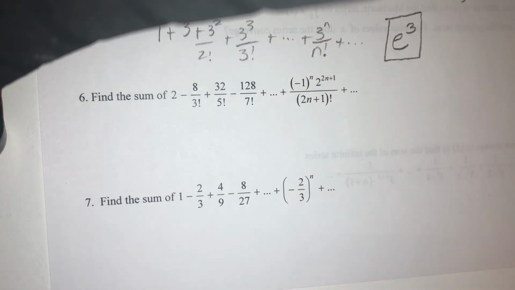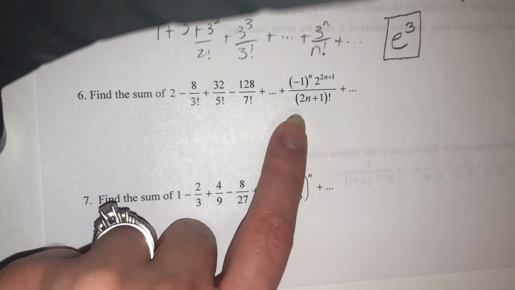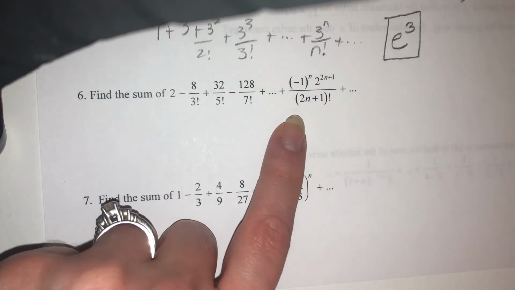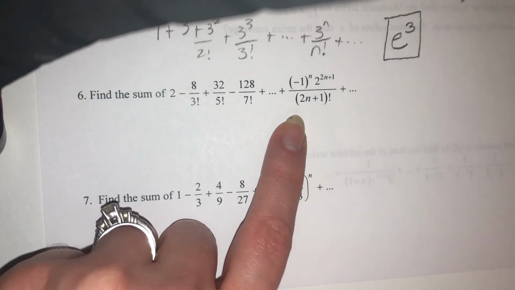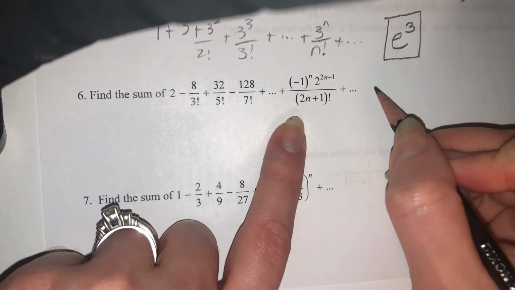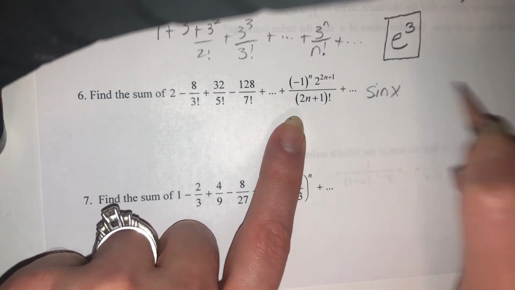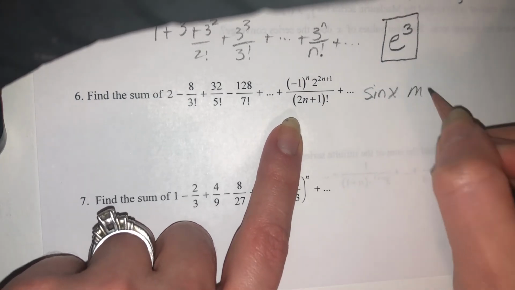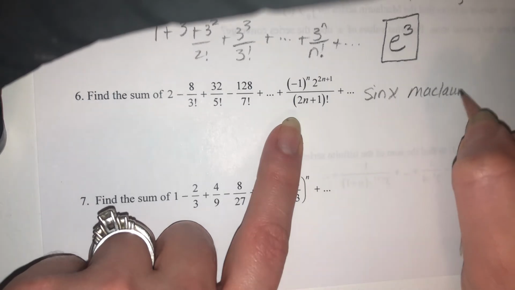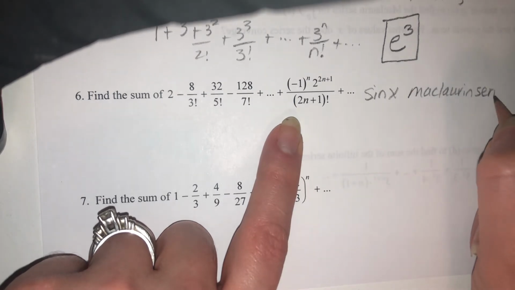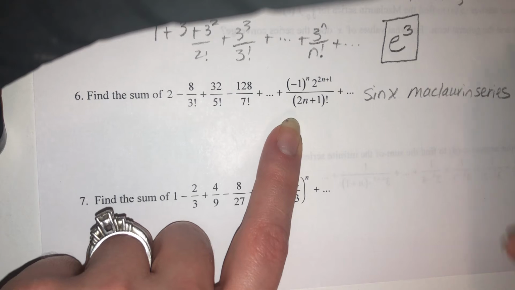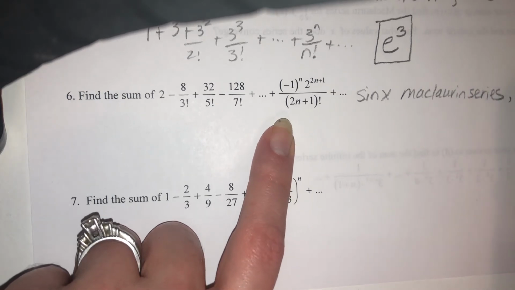So hopefully you've taken the time to try that out on your own. And hopefully on this one, you're recognizing that this is the exact same thing as the Maclaurin series for the sine of x, except they have taken out the x's and replaced them with 2.